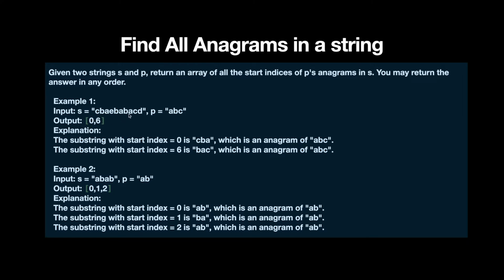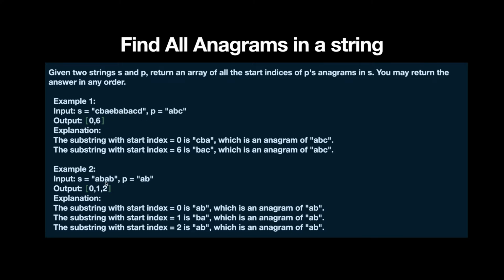And then similarly at index 6, BAC is also an anagram of ABC, so that's why we have inserted 6. Whereas ACD, the last one, which is index 7, is not an anagram of ABC because D is not present in ABC, so that is not an anagram. So we have not inserted 7 or any other indexes. Only 0 and 6 are the indexes where we are finding an anagram.